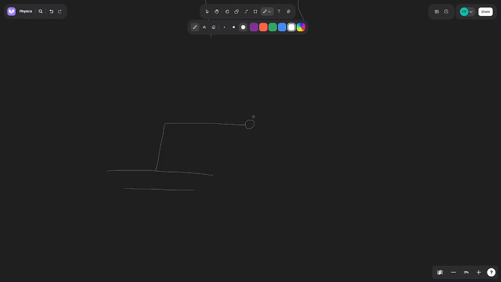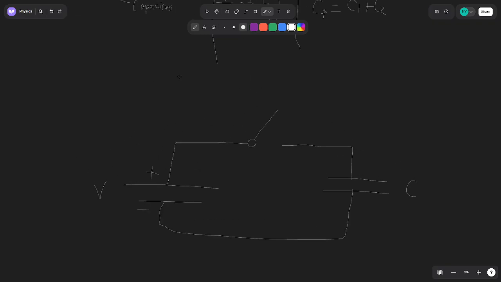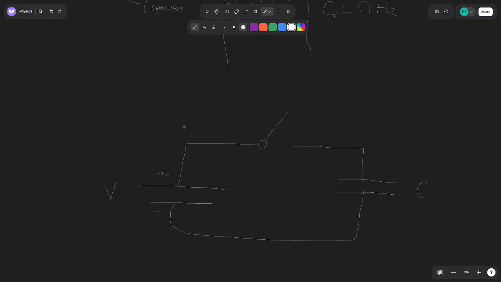We've got a currently open circuit, it's not closed, with a capacitor. Here is some voltage, plus, negative. So what is the current in that case?